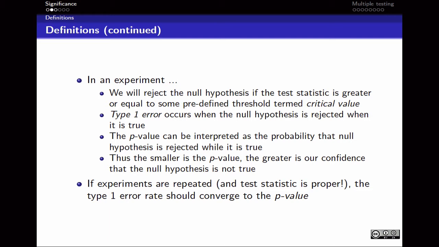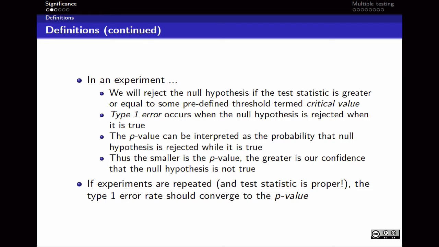But if we consider some very simple experiment in which we measure a single test statistic, and this test statistic is a good one, we can interpret the p-value as the probability that in this experiment the null hypothesis is rejected while it is true. Thus, the smaller is the p-value, the greater is our confidence that the null hypothesis is not true.